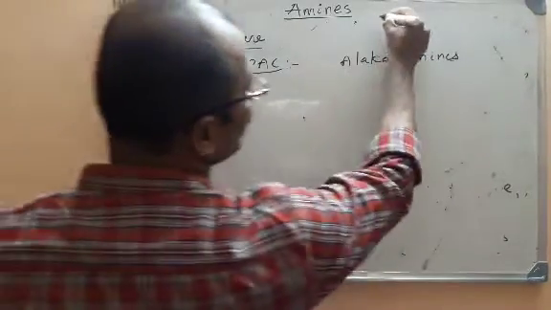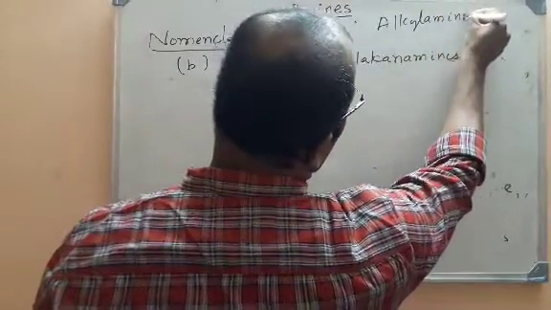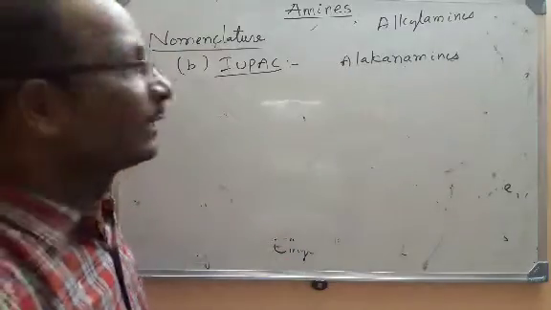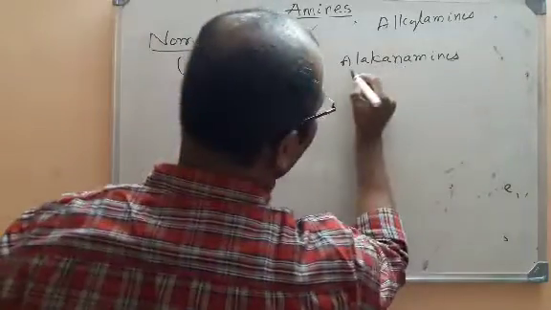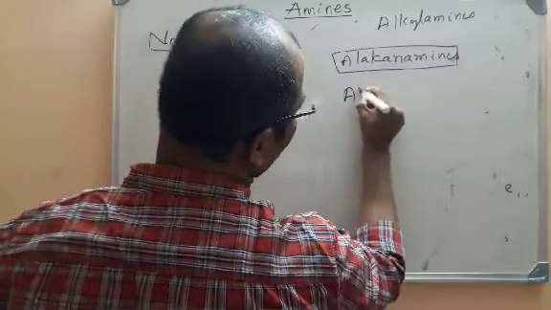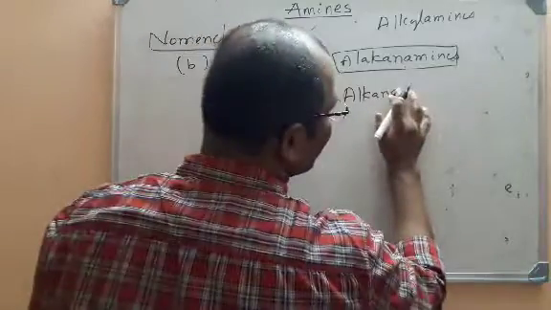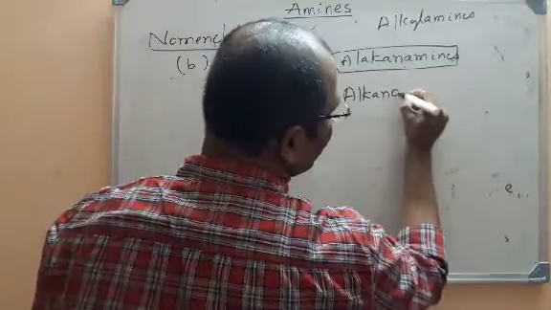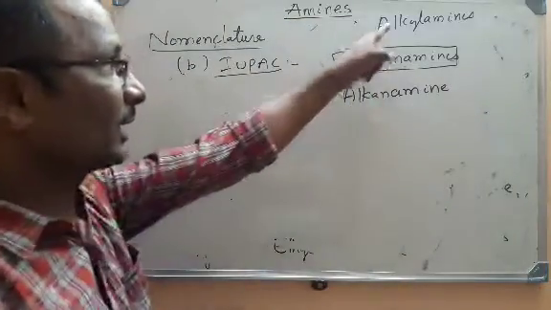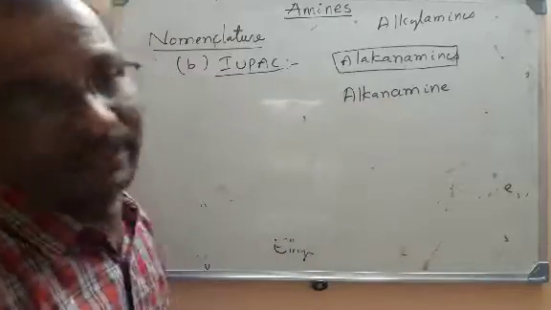In common system, you know, those are called alkyl amines, that means the name of the alkyl group followed by the word amine. But here, these are called alkanamines. How? For example, the parent alkane is taken, the E is removed and that is replaced with the word amine. Alkanamine. These are alkylamines in common system, and here these are alkanamines.